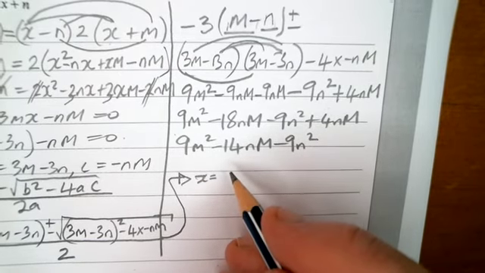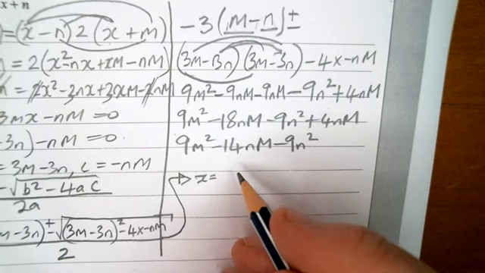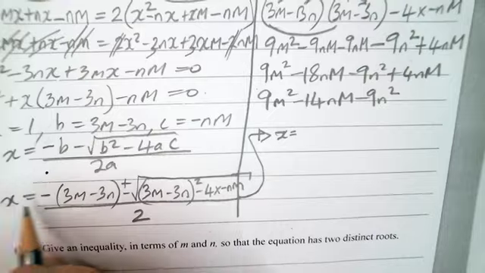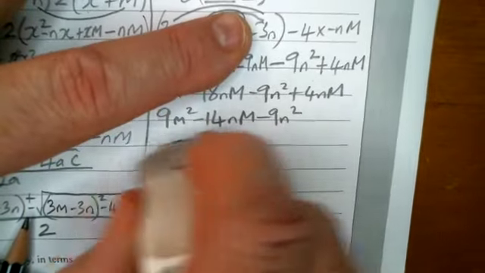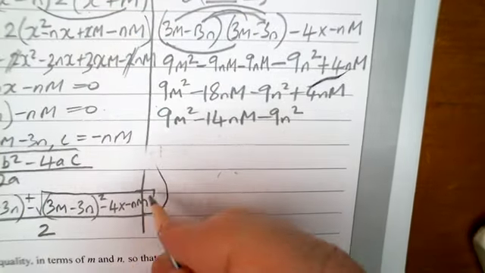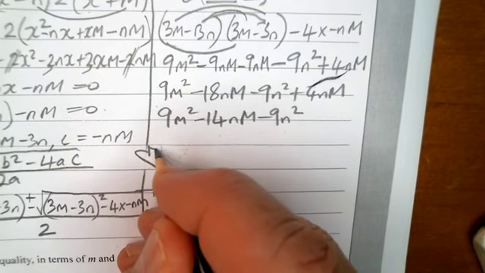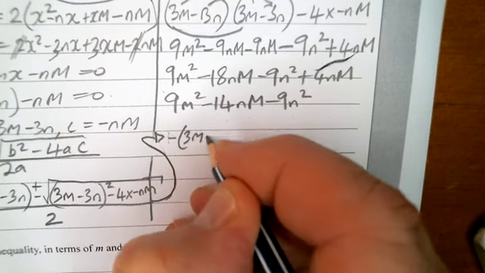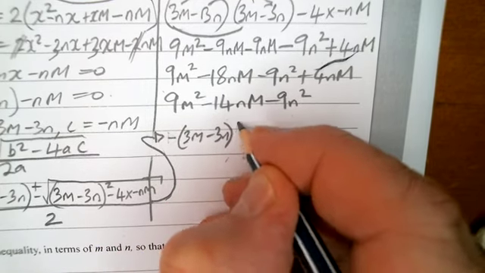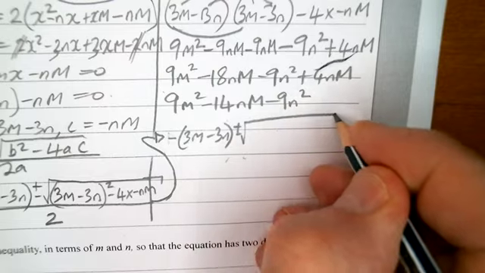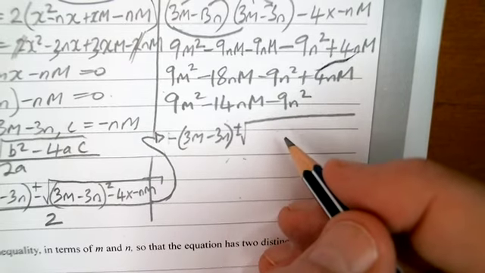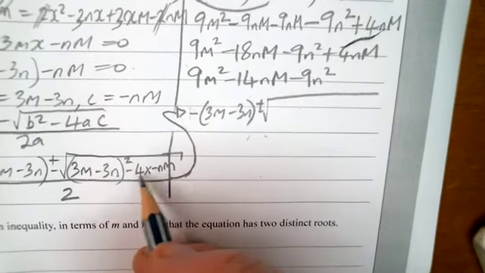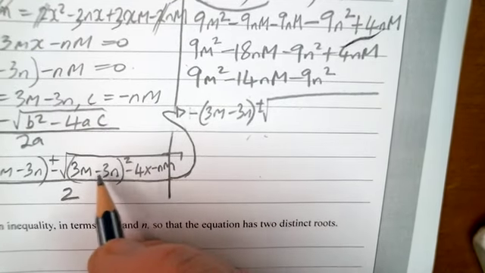I don't really see how we can do it in a way that works, so I'll put x here and just put an arrow, because I need all the space I've got to fit all this in. So this is going to be negative 3m minus 3n plus or minus the square root of... We probably do need to expand it, because we need to resolve the fact that you can subtract this bit from the brackets here.